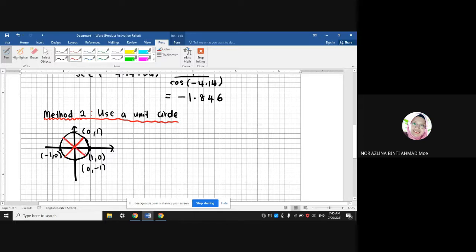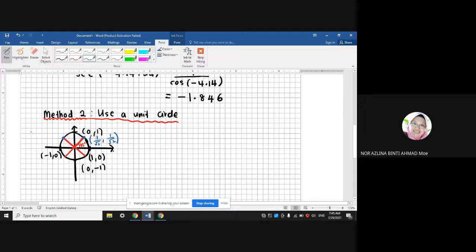Then, ini ada dalam textbook page 196. This angle is 45. This coordinate is 1 over square root 2, and here 1 over square root 2.